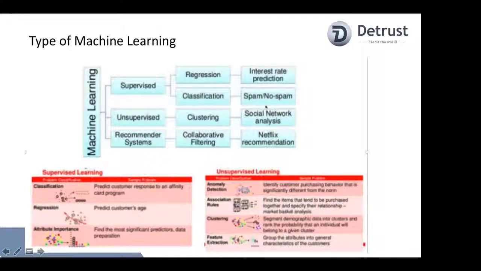We use classification for spam and non-spam emails, and also a lot in user segmentation. When we work on our promotion plan, we will do user segmentation. And also clustering in unsupervised machine learning, we use that a lot in user segmentation and social network analysis. Okay, so that's the traditional machine learning.